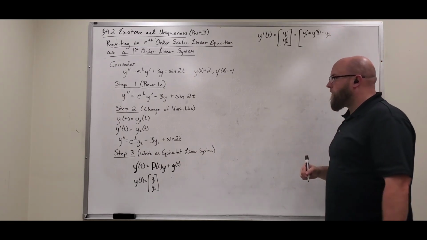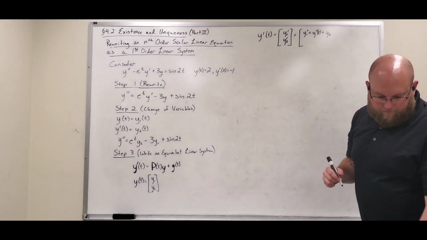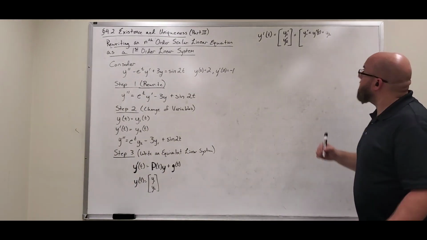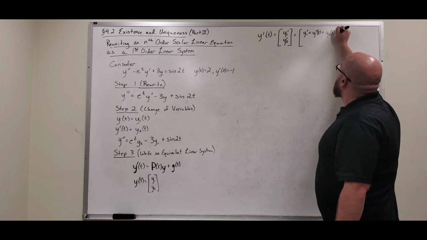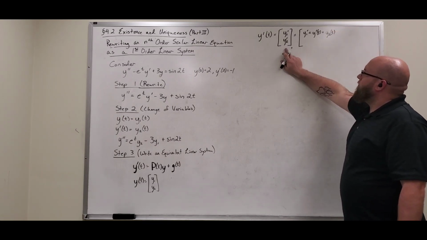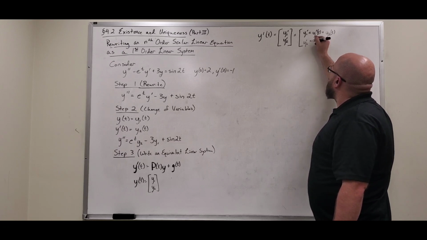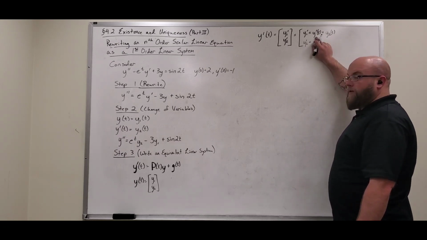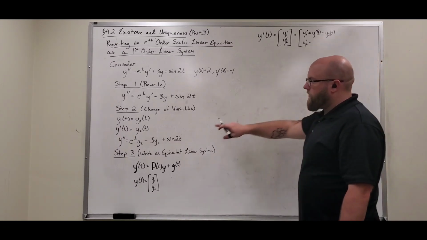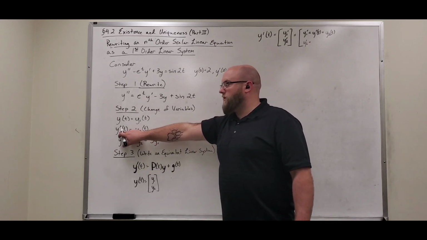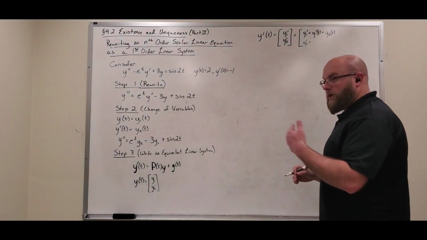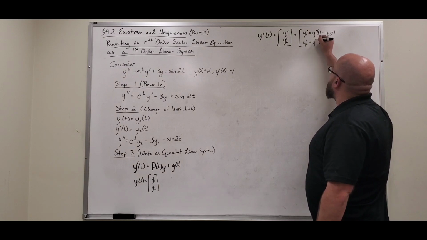And y2 prime here, well, that is the derivative of the derivative, right? Because we just said that y2 of t is equal to y prime. That was our change. So that means that's y double prime of t.